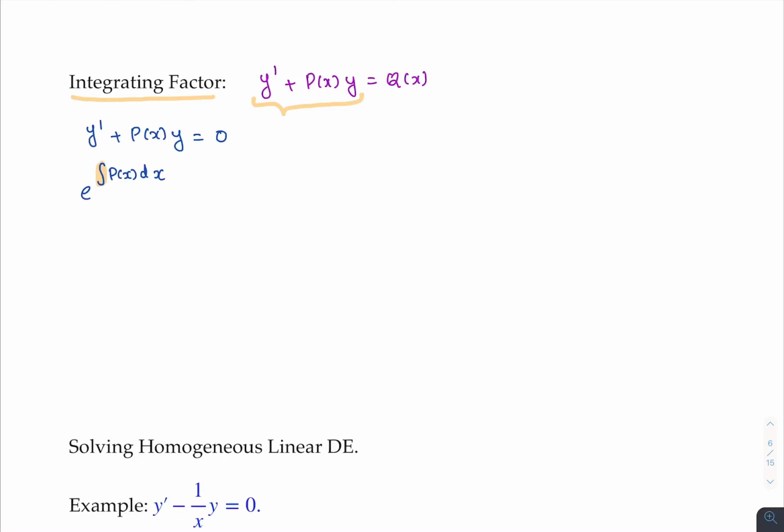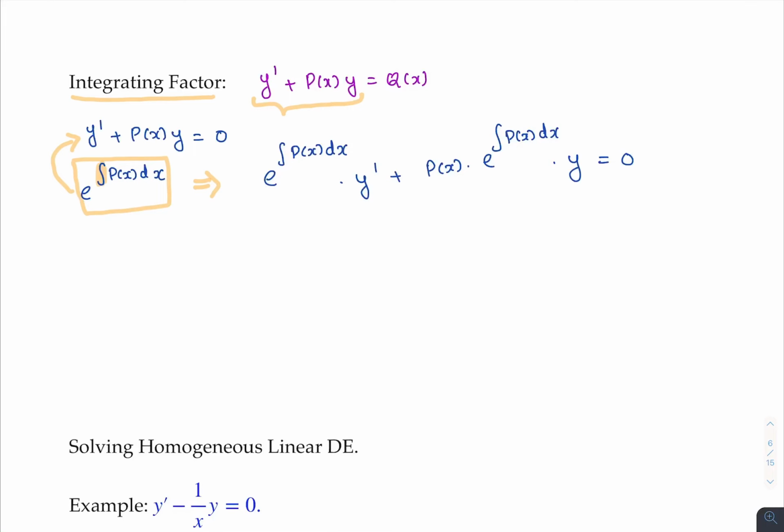So when I multiply this with this differential equation, let's see what happens. Now, what I have here is e to the integral of p of x dx times y prime plus p of x times e to the integral of p of x dx times y is equal to 0, right? Now, let's skip it for a while, but I want you to take a step back.